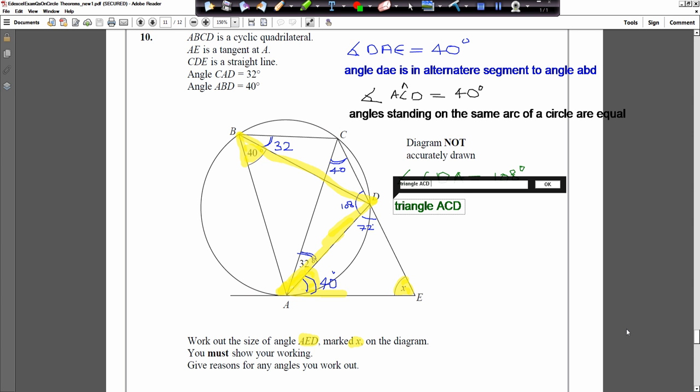We said triangle CDA is equal to 108. And now we give the reason. So triangle ACD has an angle sum of 180. And that explains why we got that angle from 180.